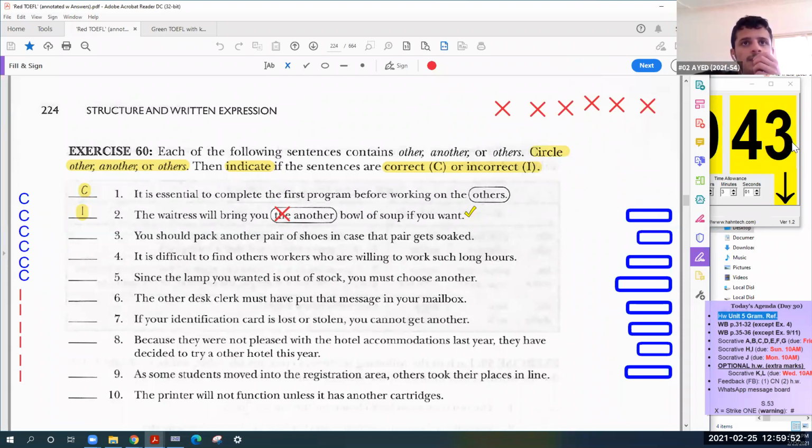Forty-five seconds. Thirty seconds. Fifteen seconds.